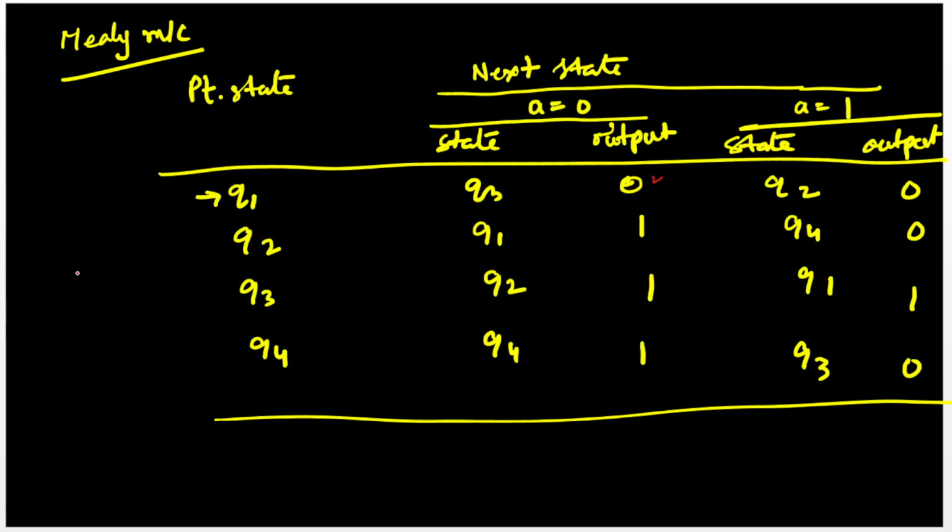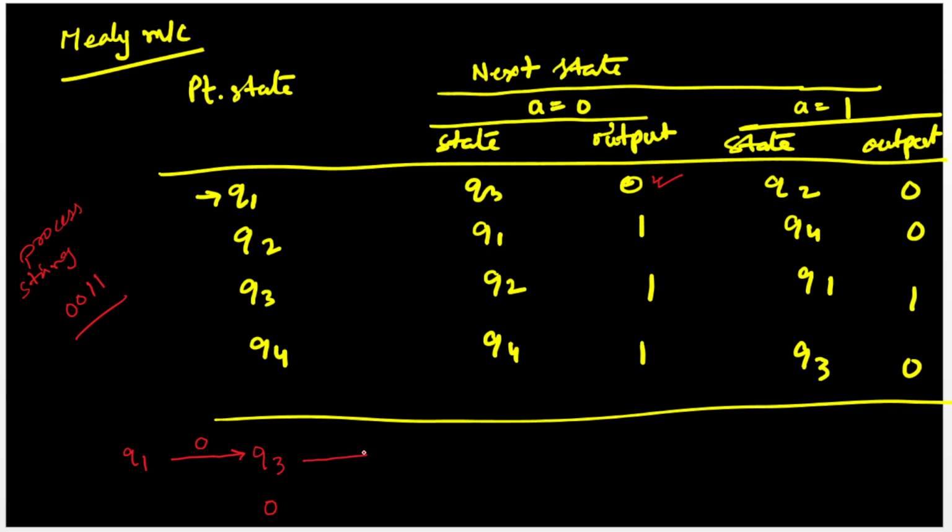Now we process the string, suppose 0 0 1 1. The entire sequence of states will be as follows. If you are in q1 state and your input is 0, you will move to q3 state, but your output is 0, as we have mentioned here.